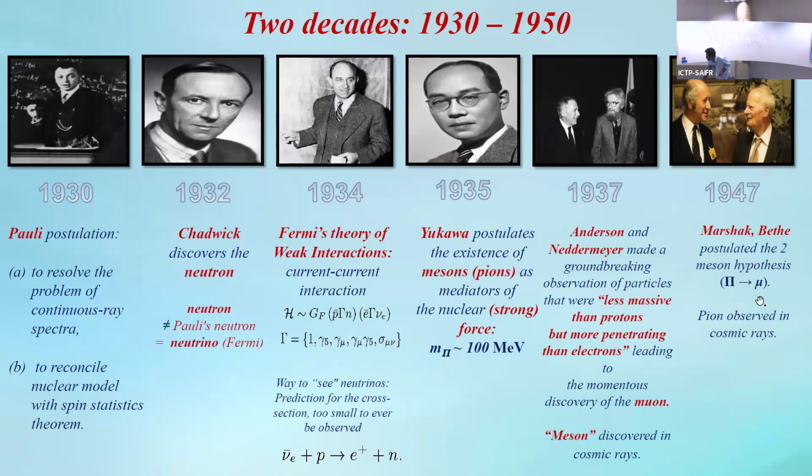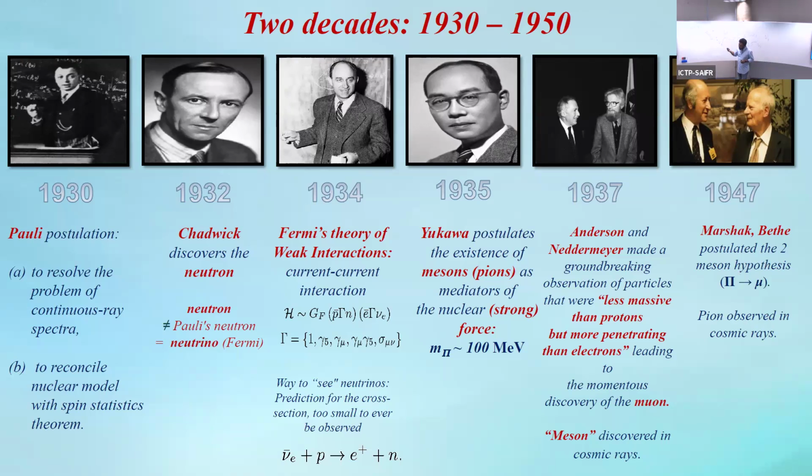This type of hypothesis, nowadays whenever any anomaly appears, we always talk about this. But back then they were afraid of this type of new particle extension and were conservative about it, but later it turned out that this is what was happening. The pion decays to a muon, so they found a second generation lepton.